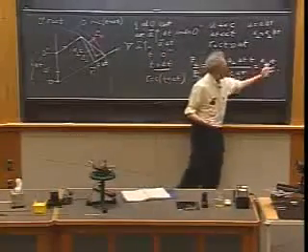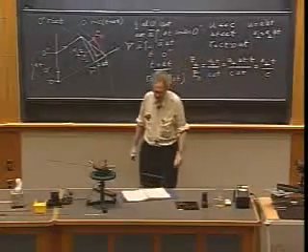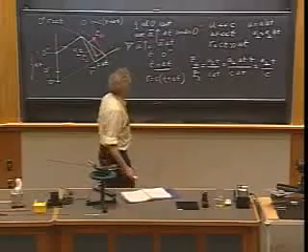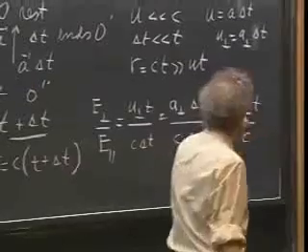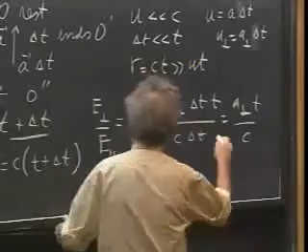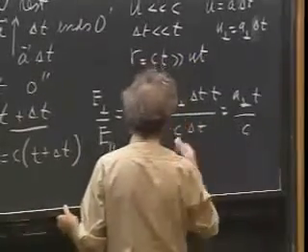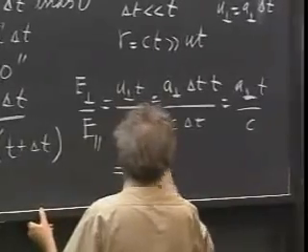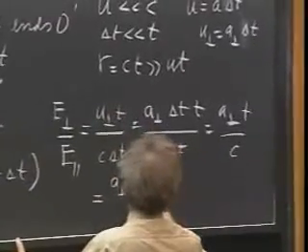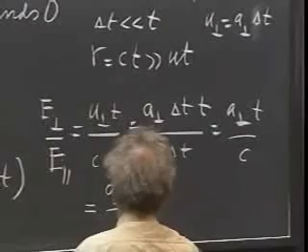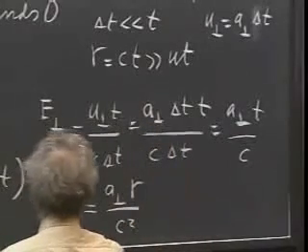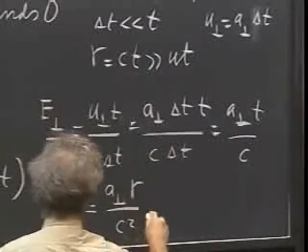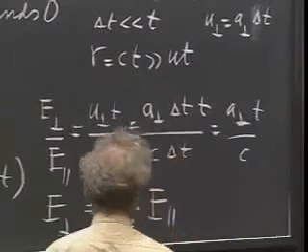I put the E parallel here, and I am in business. Before I do that, I want to eliminate T, and I'm going to write for this T R divided by C. So it is also A perpendicular times R divided by C squared. And so I can write down now that E perpendicular is this times E parallel.